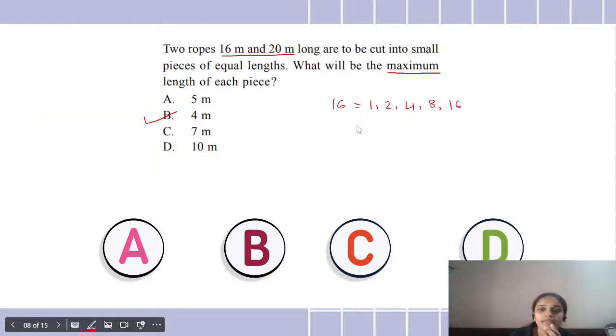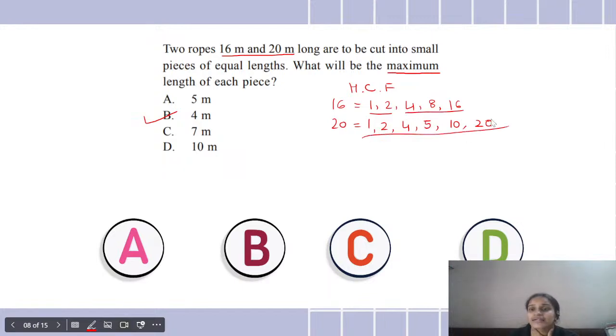Okay. Then coming to 20. So again here 1, 2, 4, 5, 10, and 20. Okay. So which is the highest common factor? We have to find the HCF, right? So amongst all these, the highest common factor is 4, right?